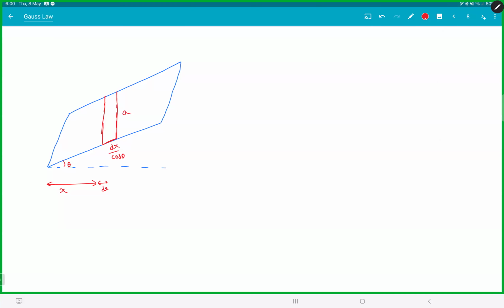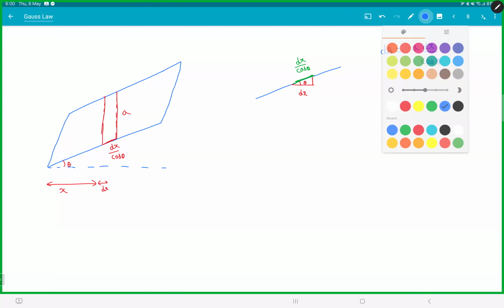If you look at the side view, this is dx. This is theta. So this slanting length here is dx by cos theta. Are you getting it? So area is not a into dx. Therefore, the element dA will be a into dx by cos theta. That is one mistake people do. That's the first thing you have to be careful.